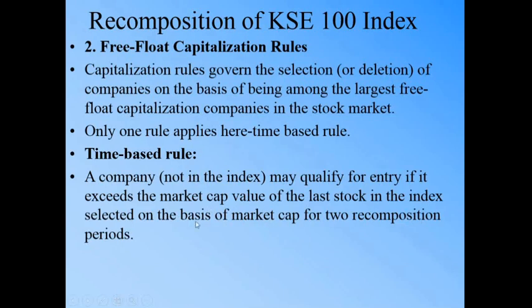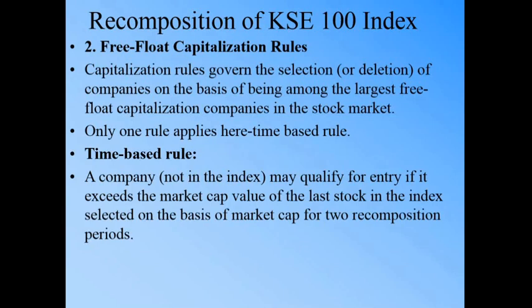So whichever company was the last, the 65th on the market capitalization basis, if any other company exceeds its value, which may have been on the 66th position previously, or 67th, or 80th, or even the 90th position, but performed very well and now can be 65th, or 64th, or 60th.